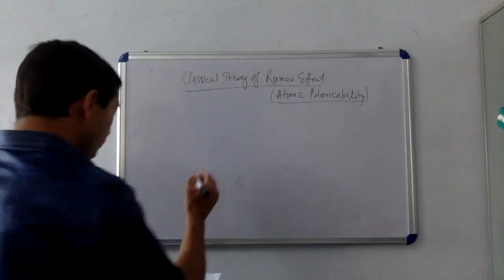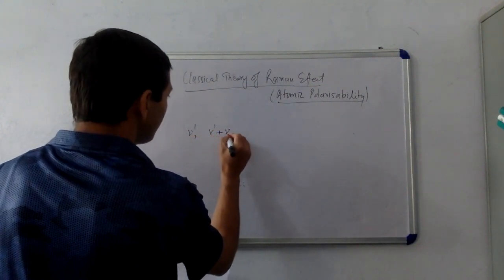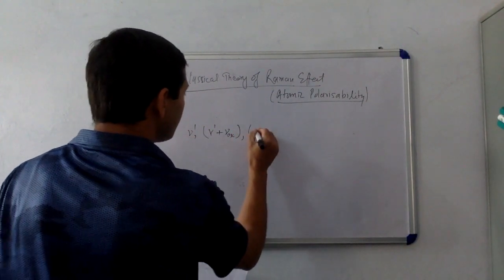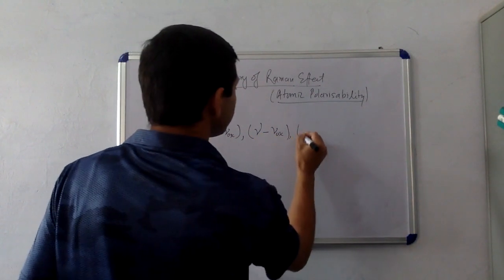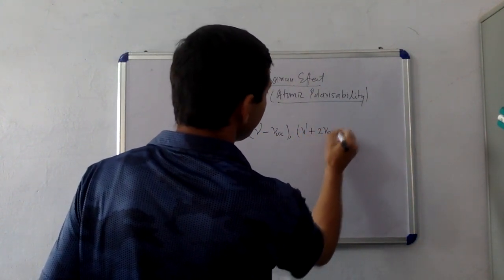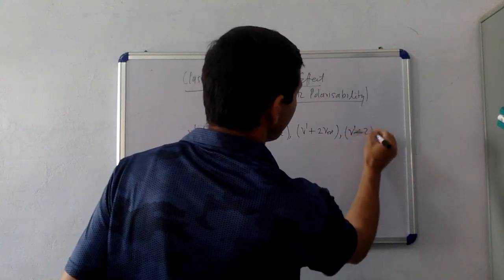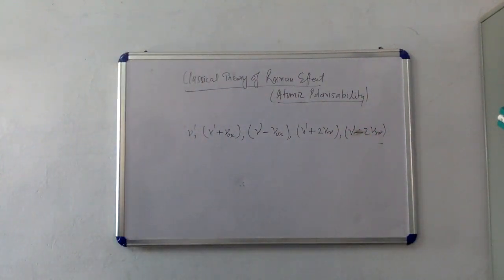Now we have nu prime frequency, nu prime plus nu vibrational, and nu prime minus nu vibrational, that is the oscillation, and nu prime plus 2 nu rotational and nu prime minus 2 nu rotational. These frequencies we are getting in the output.